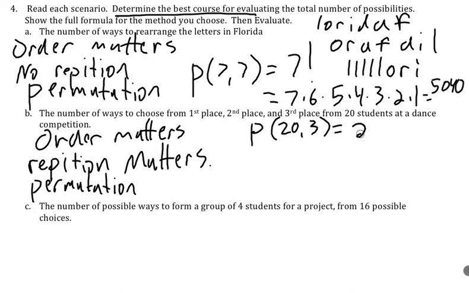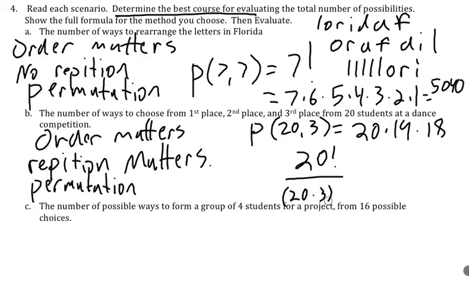The short calculation would just be 20 choices for first. Once we decide on first, 19 for second, 18 for third. This is really the result of 20 factorial over 20 minus 3 factorial, which is 20 factorial over 17 factorial.